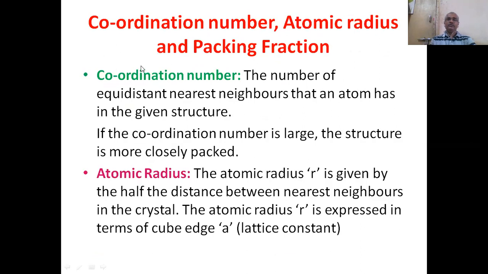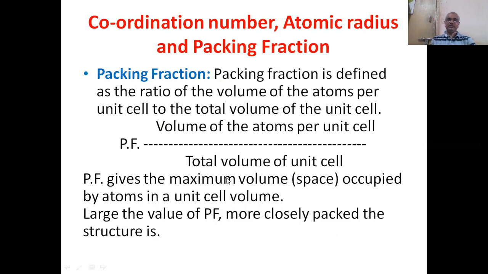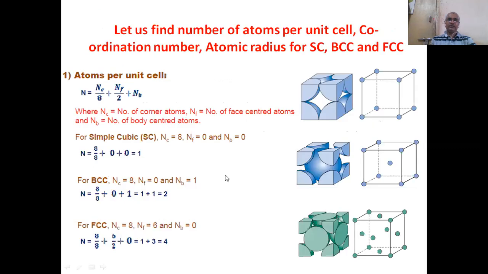The coordination number is the number of nearest equidistant neighbors. Remember, equidistant nearest neighbors, so all the neighbors will be at equal distances. Atomic radius is half of the distance between the nearest neighbors, and then there is the packing fraction.